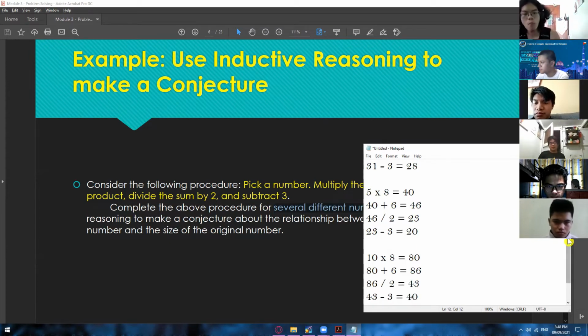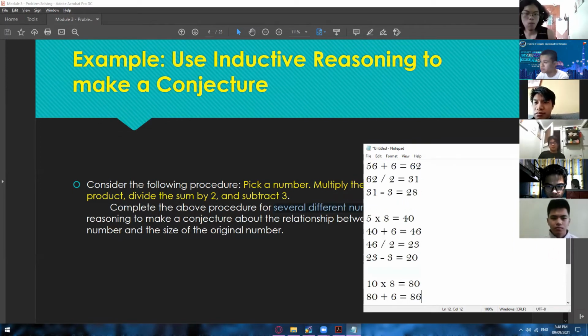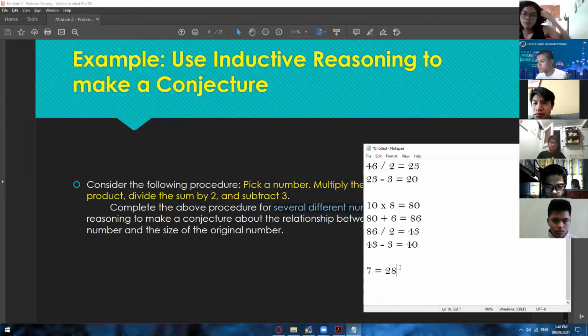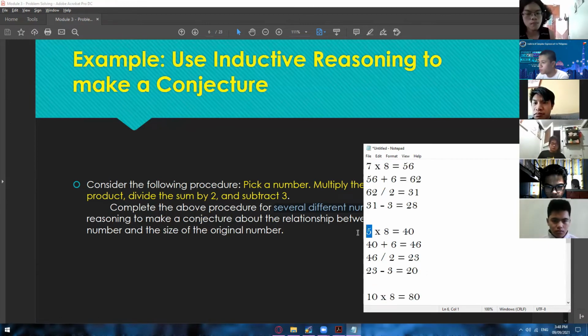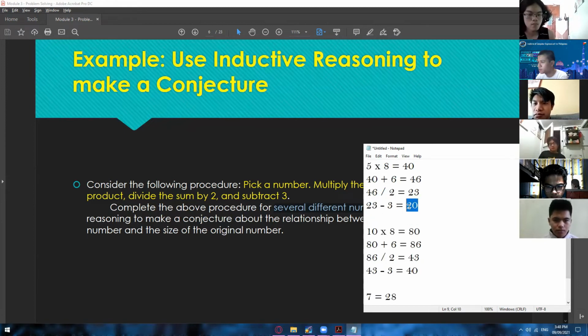So in here, I think 3 examples, or 3 sequences, are already enough. If we have 7 as our original number, this gives us a result of 28. The second one, if we have 5, gives us a result of 20.